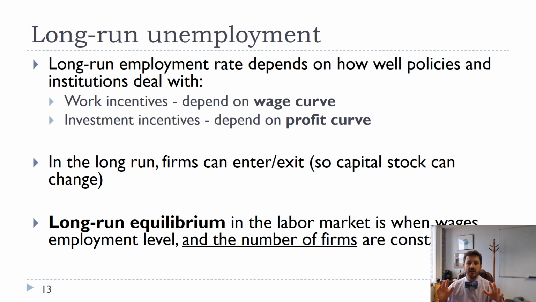And so, what we're going to think about as our long run equilibrium in the next video is when not only are our wages constant and the employment level constant, but the number of firms are constant as well.